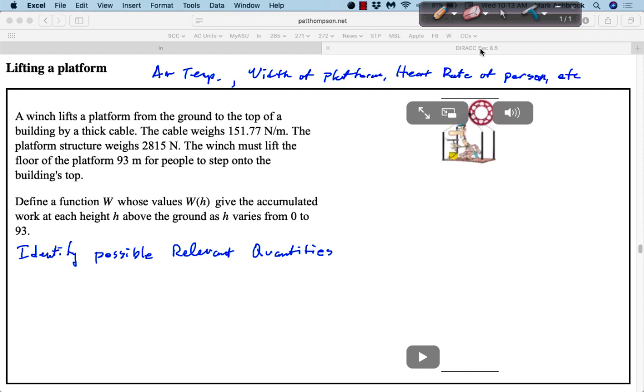The acceleration of the going up, the acceleration of the movement. What else? Weight of the cable. Weight of the platform. Displacement of the platform. Height, like height of the platform? Yeah, right? Where you have a function W of... certainly height is going to be important. They're telling us that it's the independent variable. So let's write that one down for sure. We got that one.